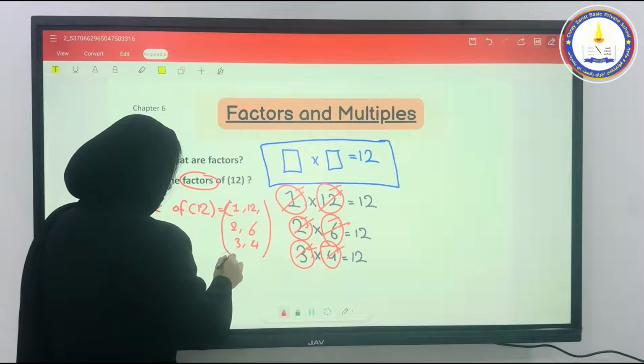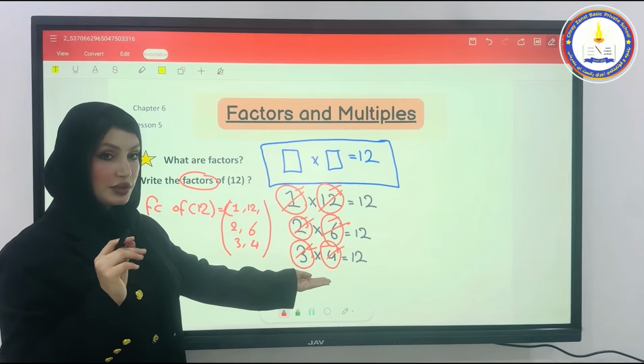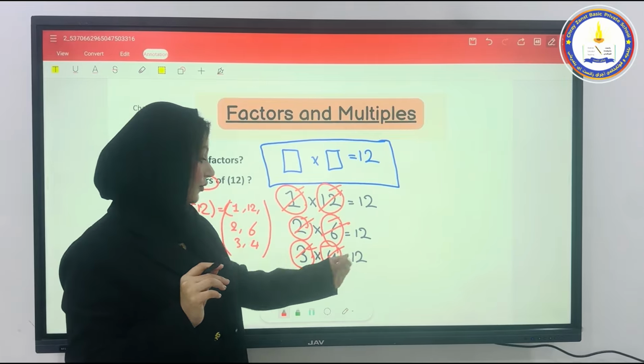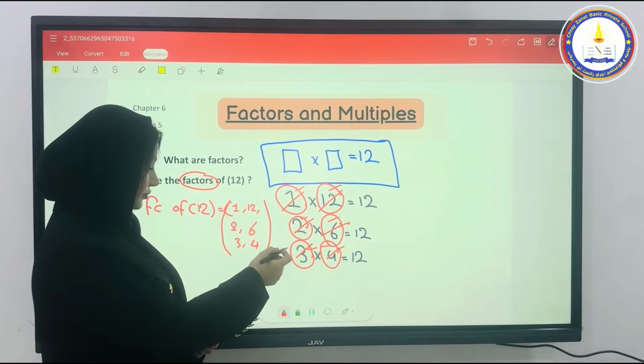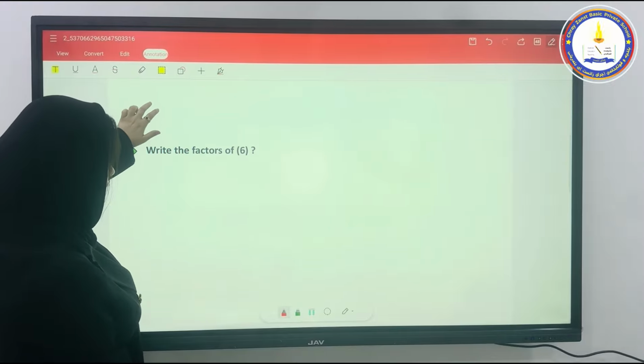These numbers are the factors of 12 because you use them for the multiplication and the result will be 12. Okay. Let me go to another question.